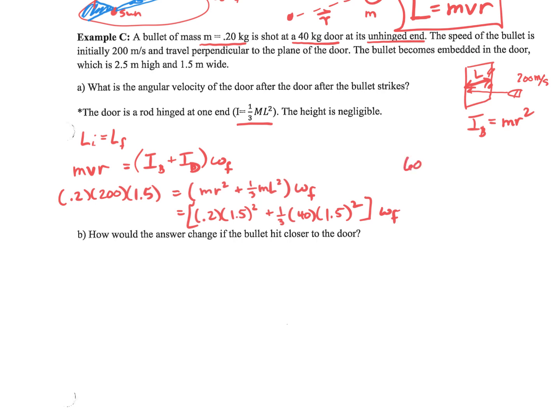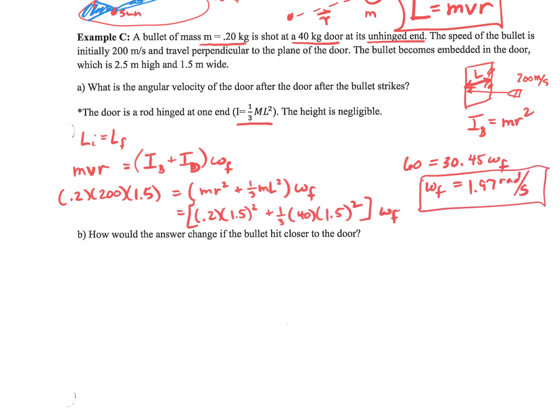We've got 60 equals 30.45 omega final. So omega final is going to be equal to 60 divided by 30.45, which is 1.97 radians per second.